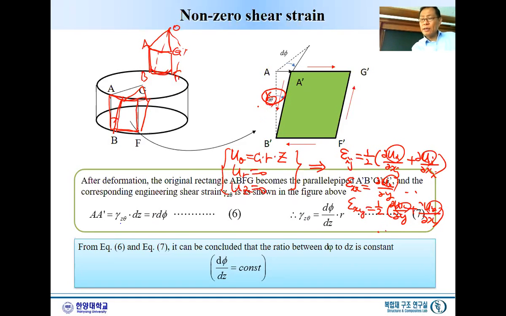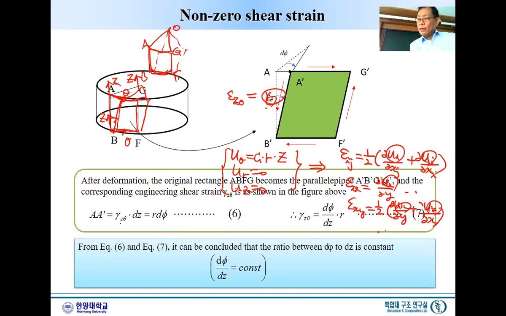This is a Z, and this is a theta. Well, you can say this is a theta, and this is a Z. So this is epsilon Z theta or gamma Z theta.